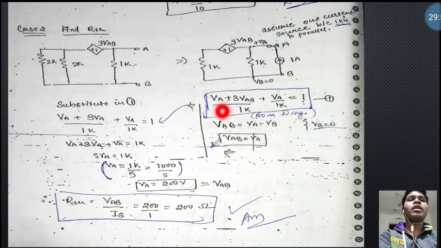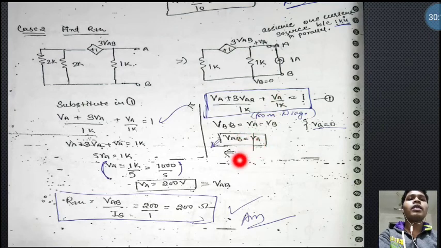After calculating, VA is unknown and VAB is also unknown. So VAB is equal to VA minus VB, and here VB is equal to 0 because of the reference taken here, so VAB is equal to VA. So it is very easy. So VA plus 3VA plus VA plus here also VA.